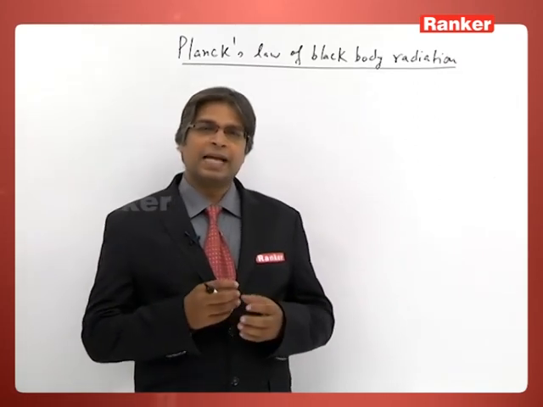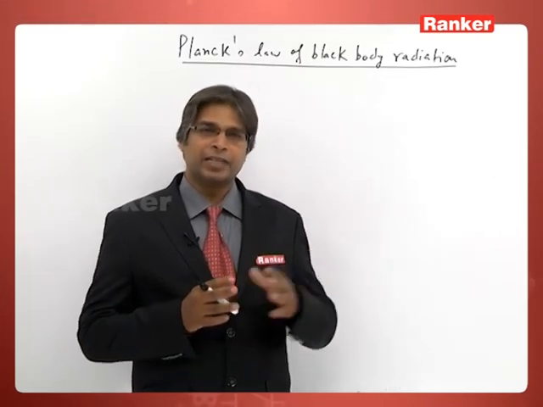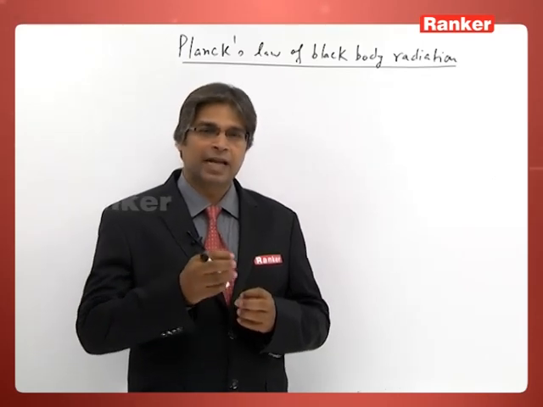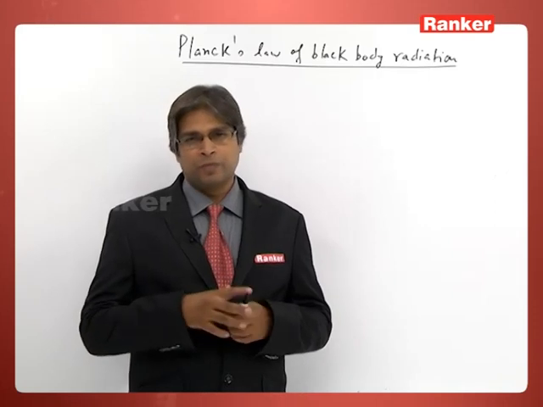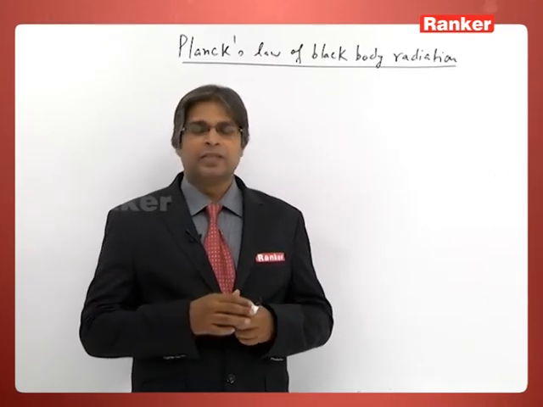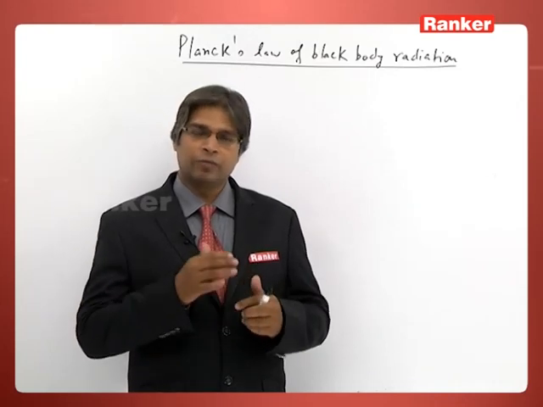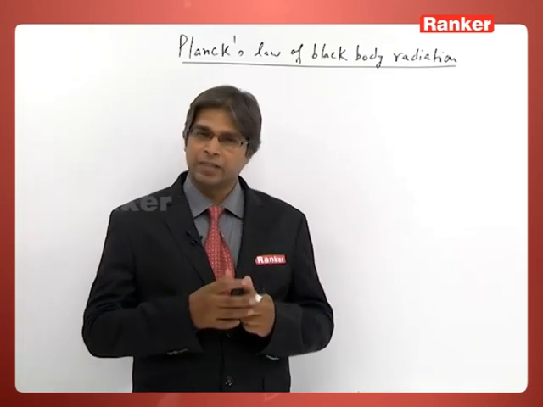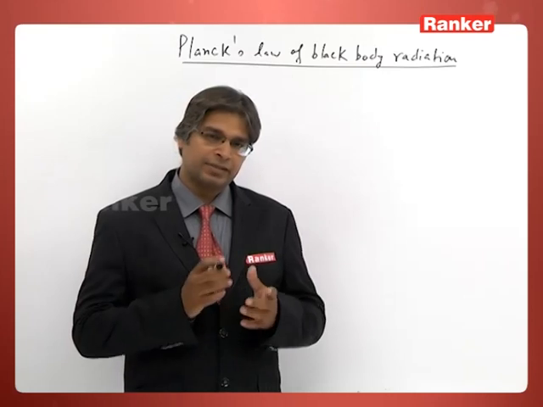So, finally, he applied the idea that perhaps the energy may not be continuous, but may be in quantums, discrete values, and then he started working out with the discreteness of the energy, and finally he got that formula which we today know as Planck's blackbody radiation formula, and that matches with the experimental findings.